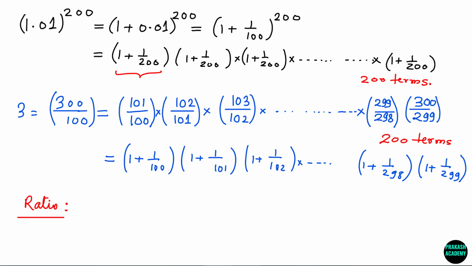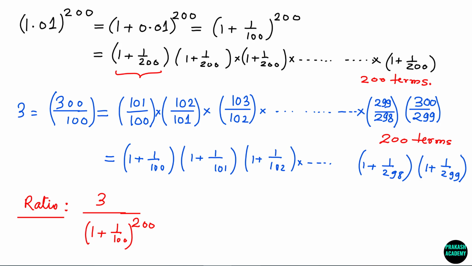So let us consider the ratio of 3 divided by 1 plus 1 by 100, the second number raised to the power 200. So one number is 3 and another number is this 1.01 raised to the power 200.